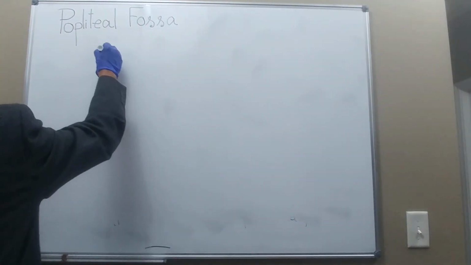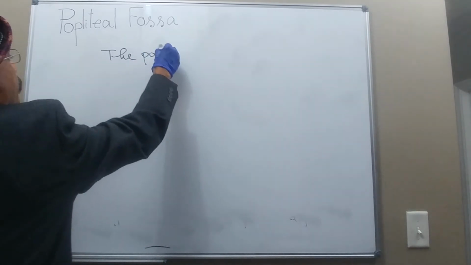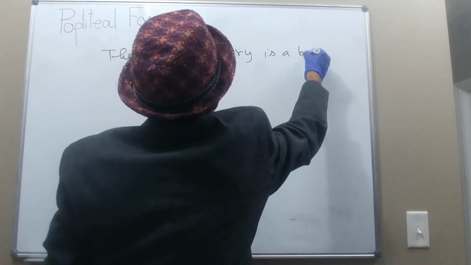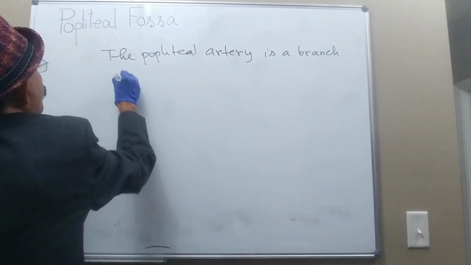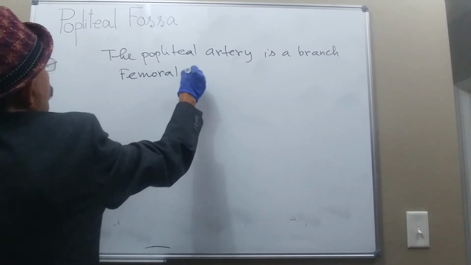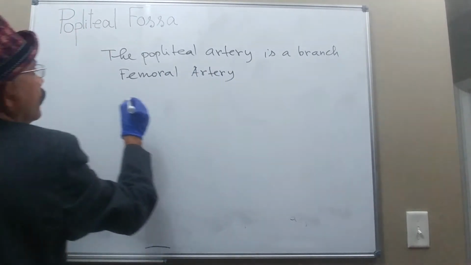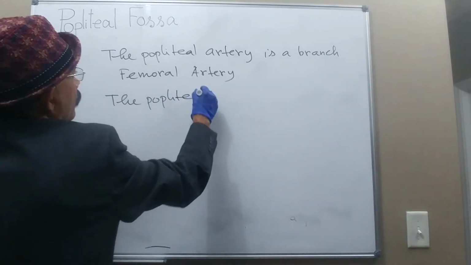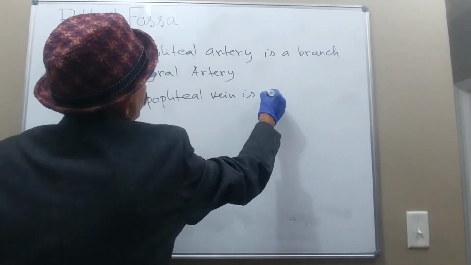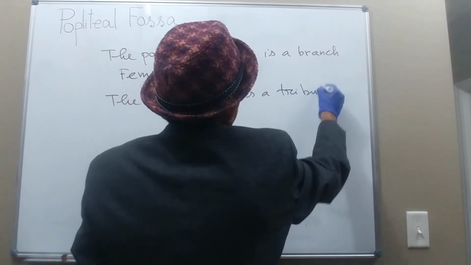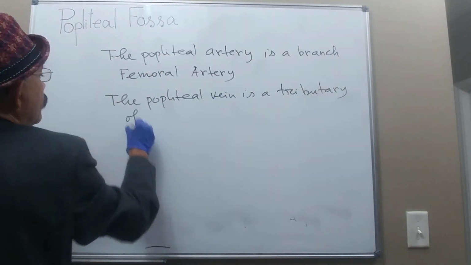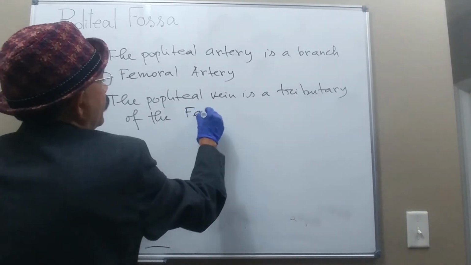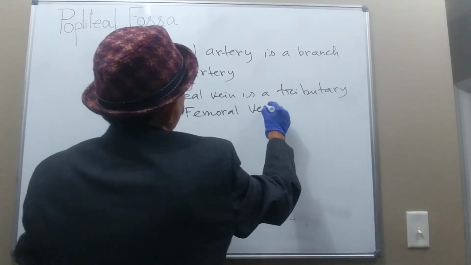The popliteal artery is a branch of the femoral artery, and the popliteal vein is a tributary of the femoral vein. Okay. We got that.